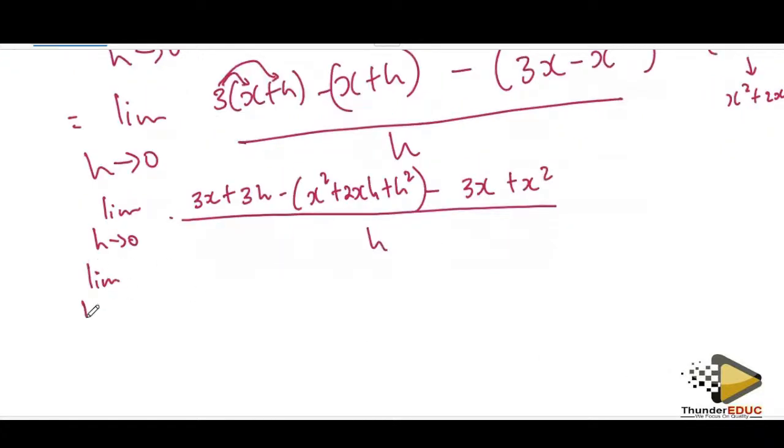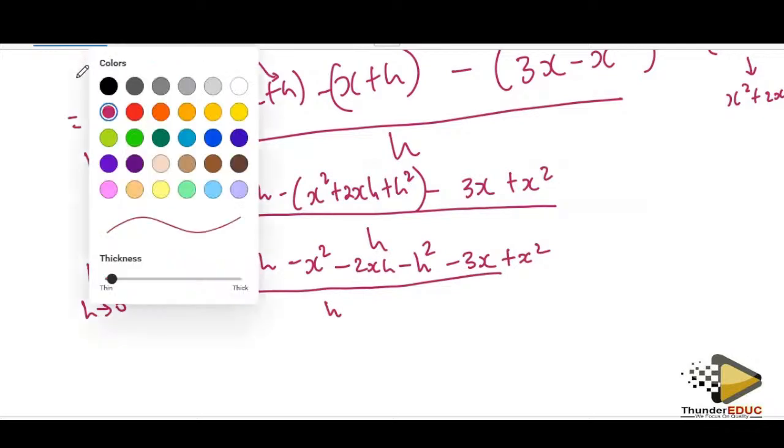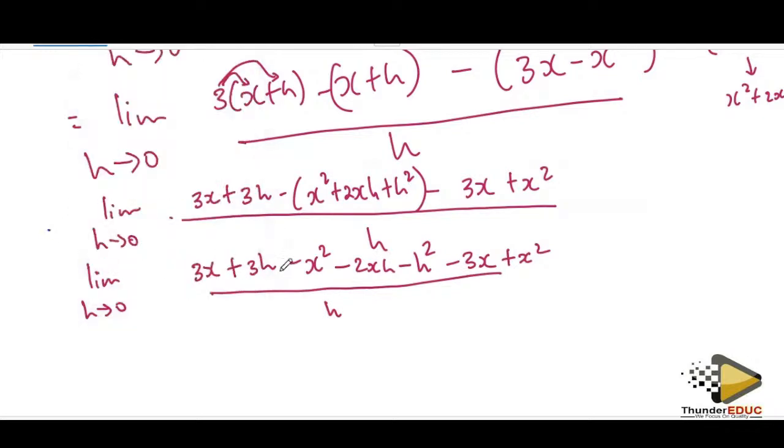So we're saying limit as h tends to 0. That's 3x, 3h. I'll open this, minus x squared minus 2xh minus h squared minus 3x plus x squared over h. So at this level, some things must cancel. So this cancels that, this cancels that. I'm only left with 3h, negative 2xh, and then negative h squared. I have to factorize.